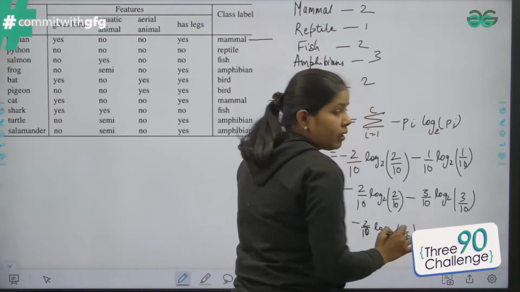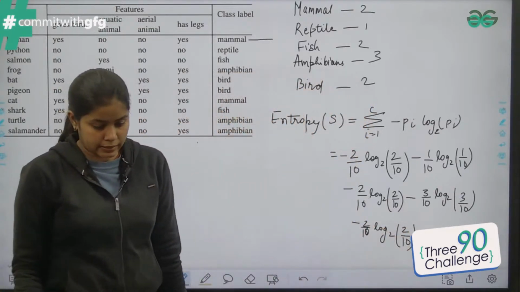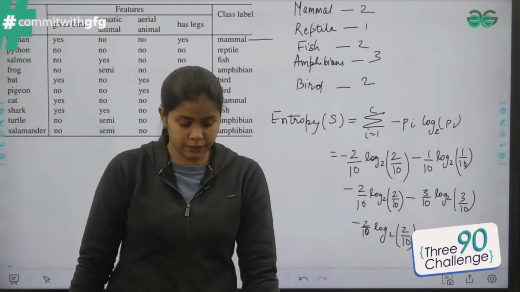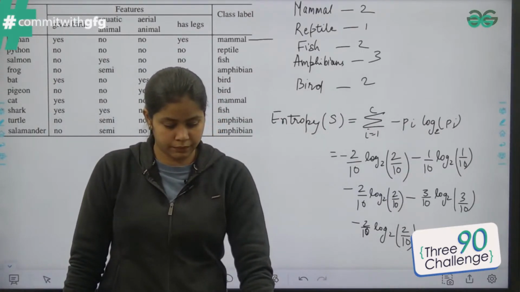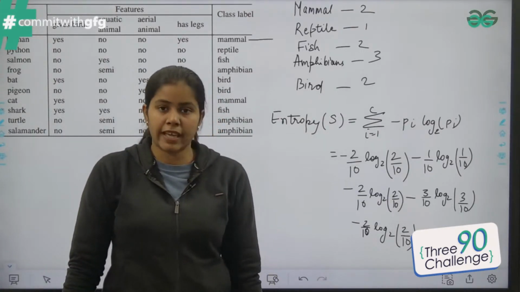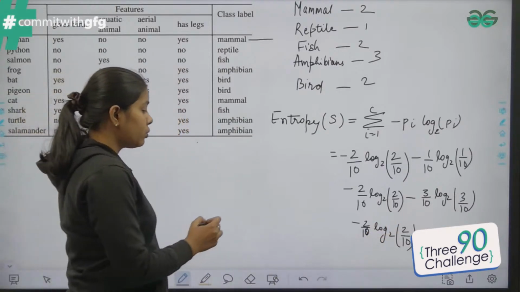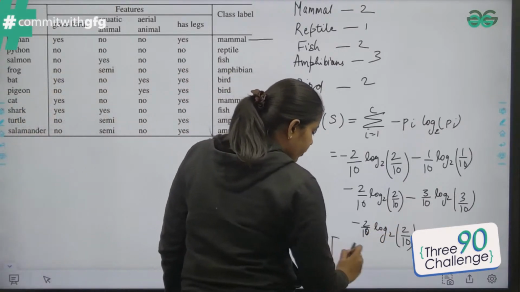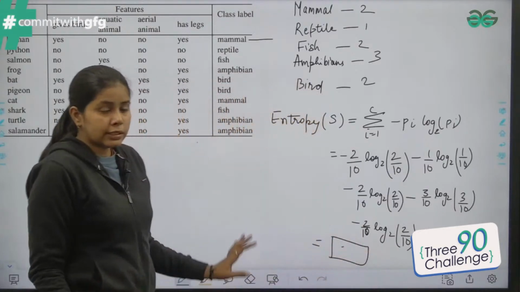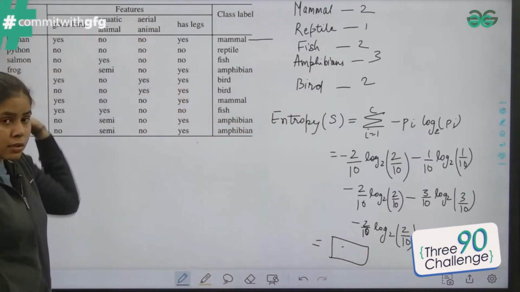This would give me impurity in my data set. I would get some value. This is the entropy of the whole data set.